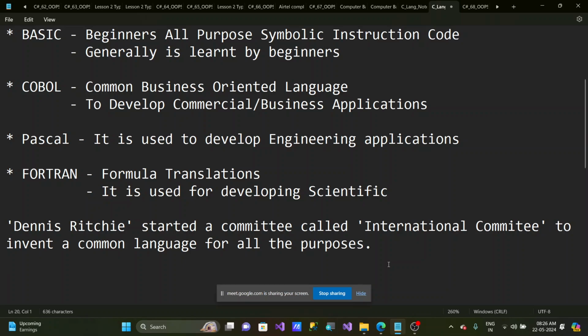Then some people joined the committee and helped. So where did it happen? He started the committee at AT&T Bell Laboratories of USA.